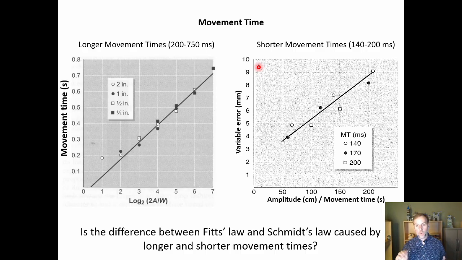With Schmidt's law, people were moving very fast, and with Fitts' law, people were moving generally slower. And maybe that's what caused the difference. So we're going to look at one of the experiments that tried to determine whether that was the critical difference between these tasks, just the average movement times that participants are moving in.